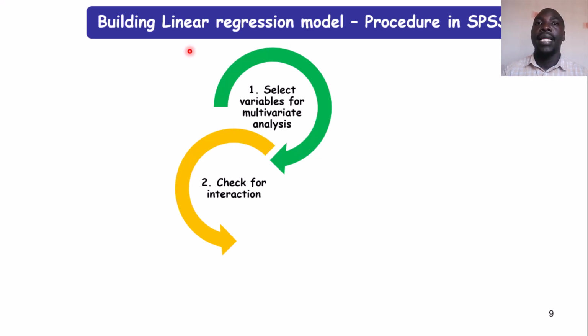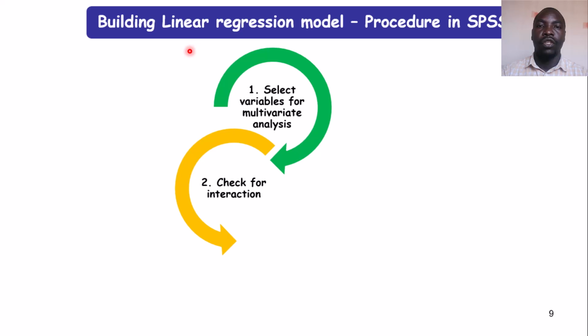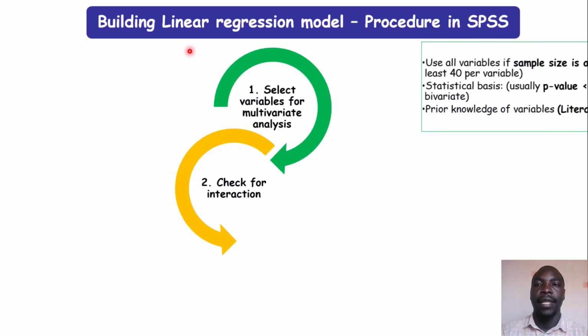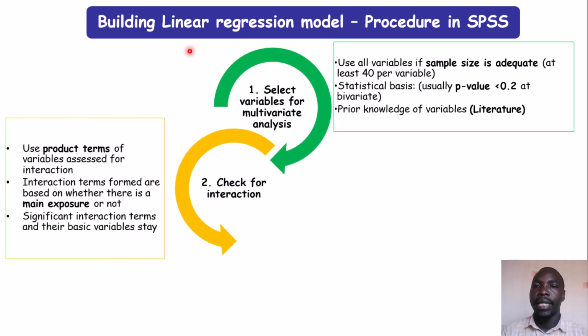Because eventually that interaction effect would have an effect on the outcome. Then lastly, you check for confounding, whether the variables you're having in your model confound each other or have a confounding effect amongst themselves. So we are going to concentrate on these 2, and we are going to look at them together because they move hand in hand with each other. So that is selecting the variables and then checking for interaction.